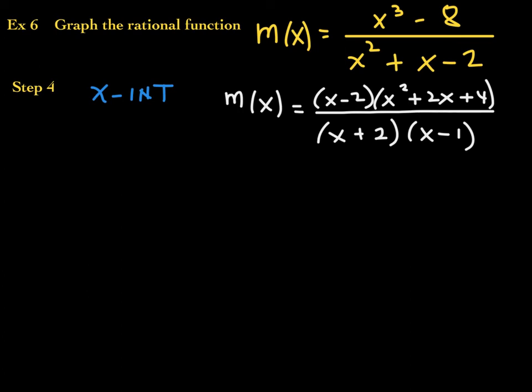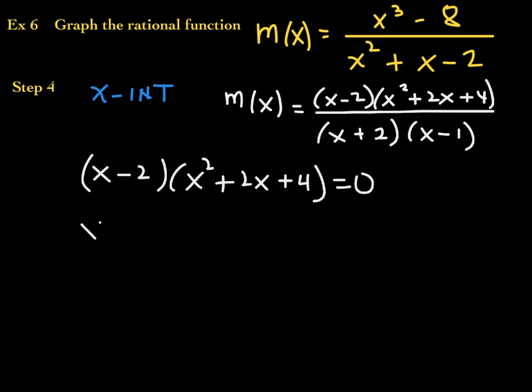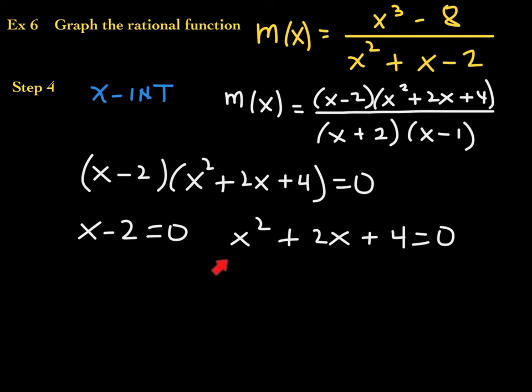Now, when I take the numerator and set it equal to 0, keep in mind I could have taken the original numerator, but I've decided to take the factored form of the numerator, and I'm setting it equal to 0. So this trinomial here, x squared plus 2x plus 4, only has non-real solutions.